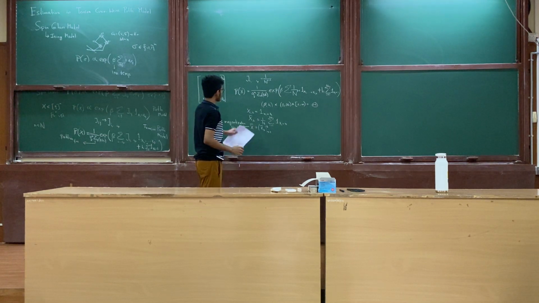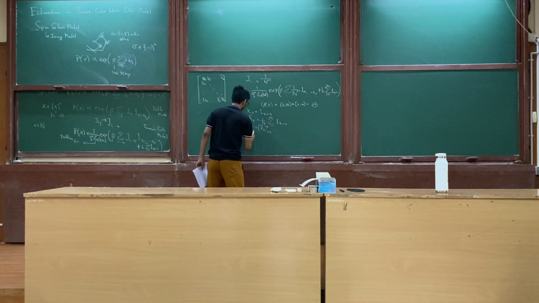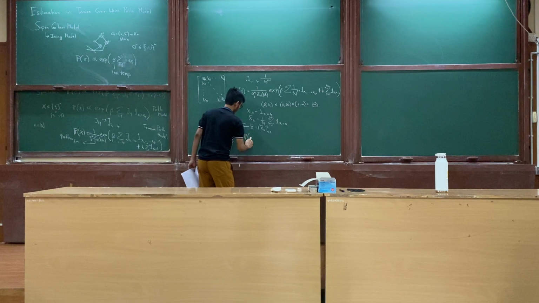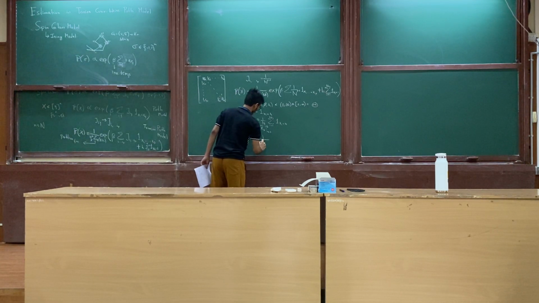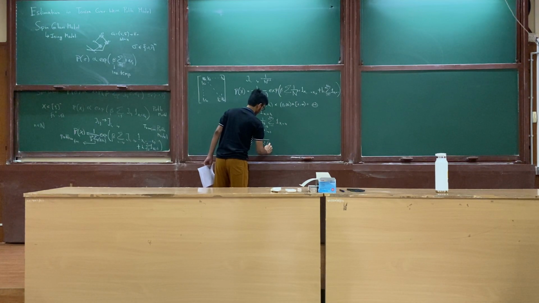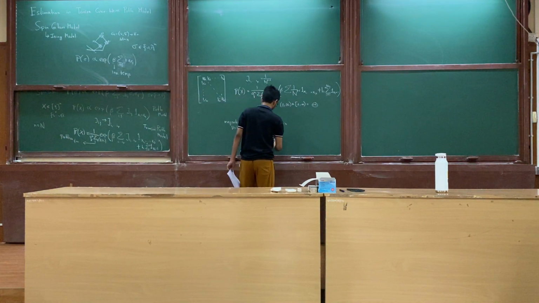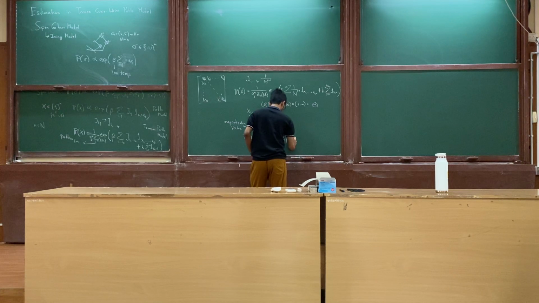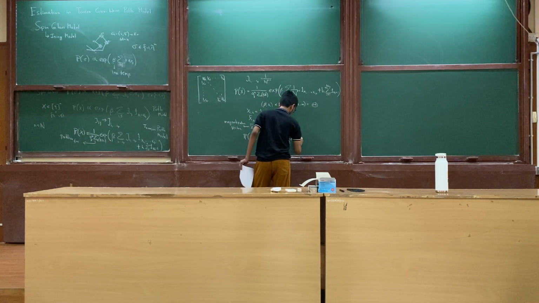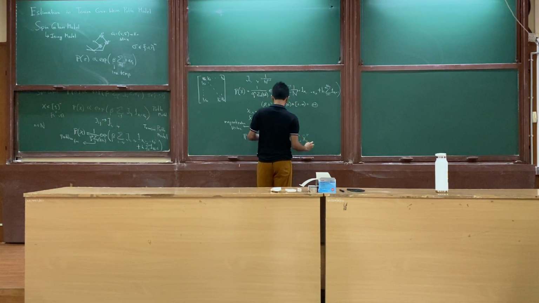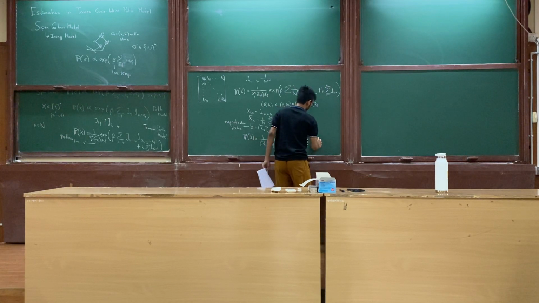Okay. So now we will rewrite this distribution. The probability of x is 1 over q to the power n, Z_n(beta, h), times e to the power of beta n h, summation r equals 1 to k n h.